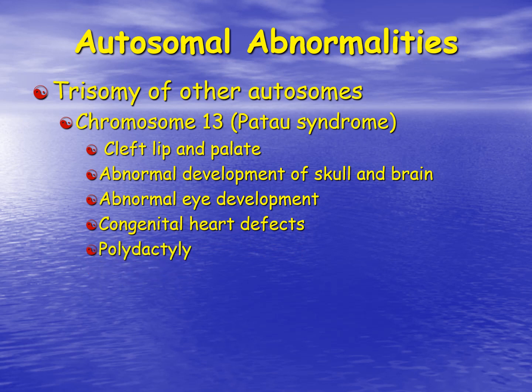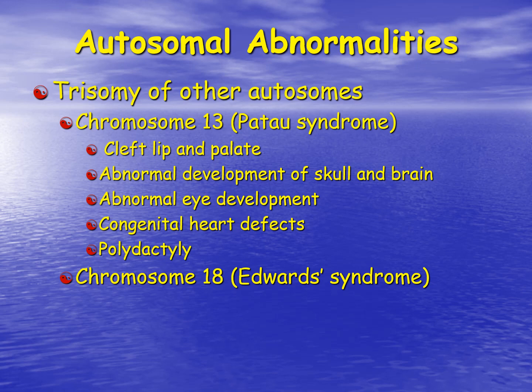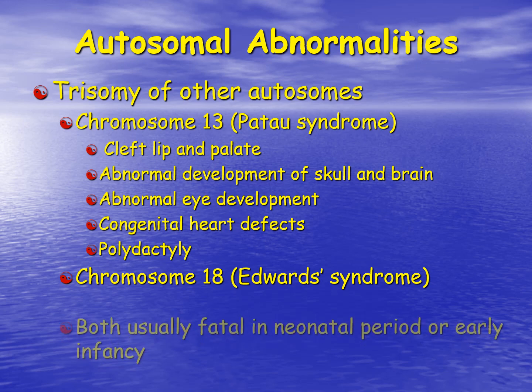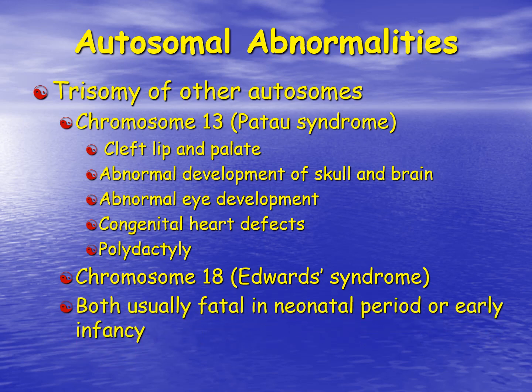And oftentimes, Patau syndrome offspring actually are polydactyly. Edwards syndrome, which is a trisomy of chromosome number 18, shows some of the same type of symptoms, and both of these trisomies are usually fatal in the neonatal period or in early infancy. In fact, sometimes they actually result in stillbirths or miscarriages.